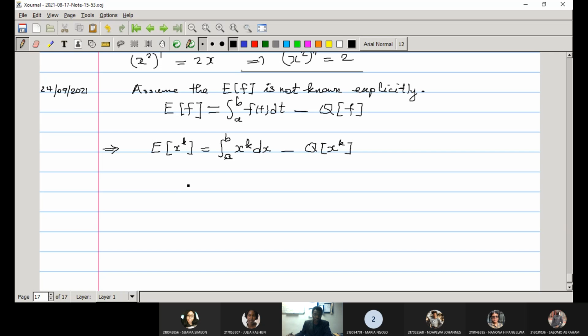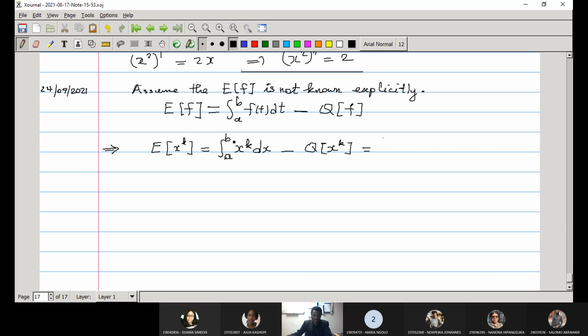Now if we use the quadrature formula here, a and b are x0, x1, right? So this is equal to the antiderivative of this.